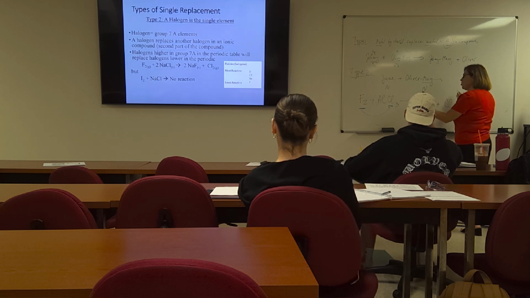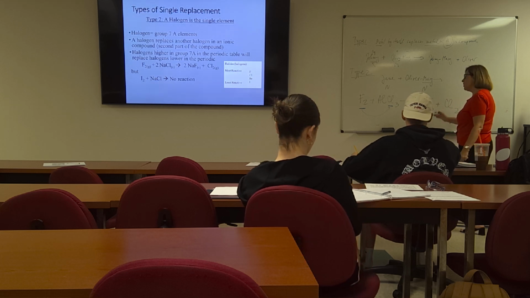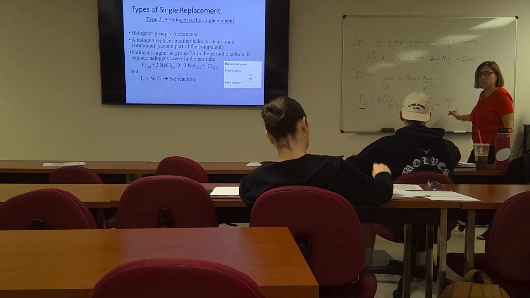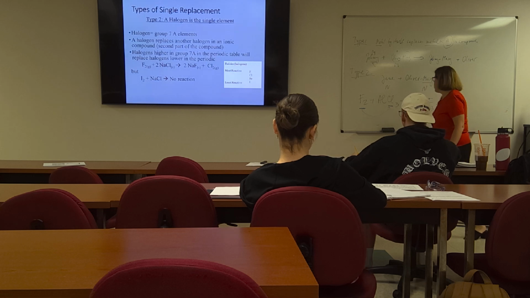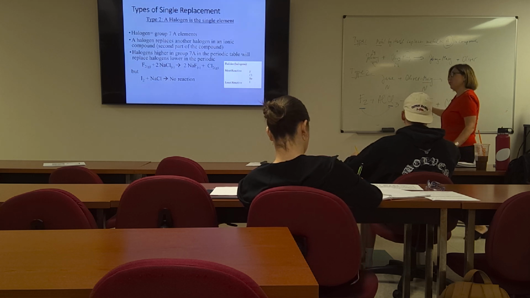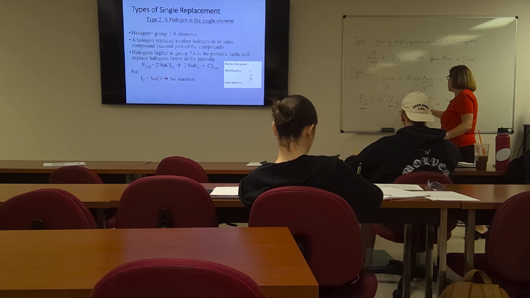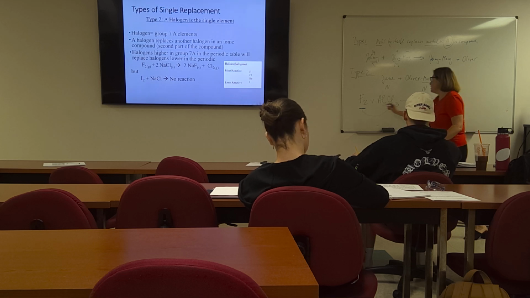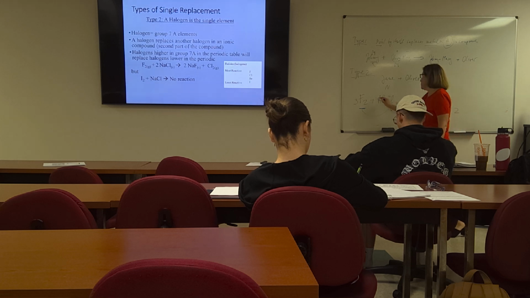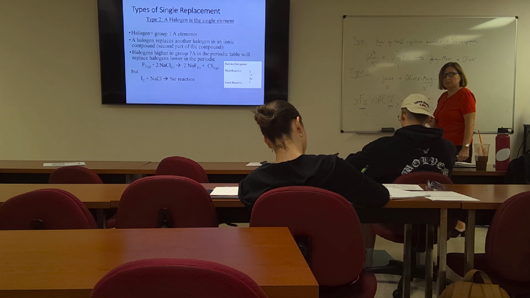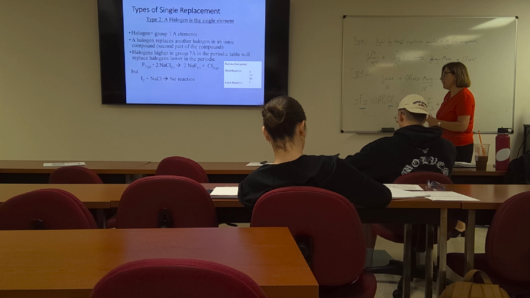You always have to do charges to figure out the new subscripts, or you have to remember the diatomic molecules, okay? So in this case, I have 2 fluorines with 3 fluorines. I want to make 6 fluorines on both sides by multiplying this by 2 and this by 3. And here I'm going to make 6 chlorines on both sides by doing this, and to balance the equation, okay?